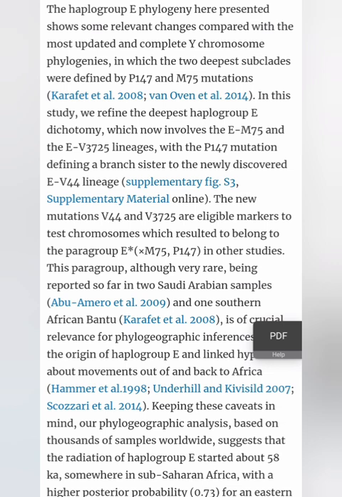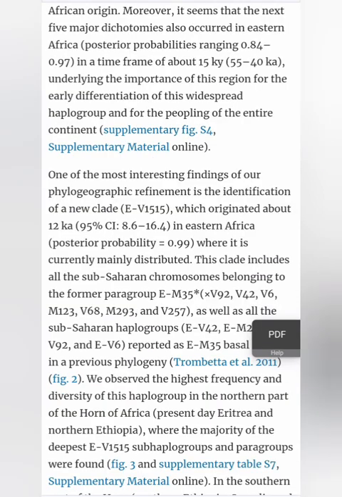Keeping these caveats in mind, our phylogeographic analysis based on thousands of samples worldwide suggests that the radiation of haplogroup E started about 58,000 years ago, somewhere in sub-Saharan Africa, with a higher posterior probability for an Eastern African origin.